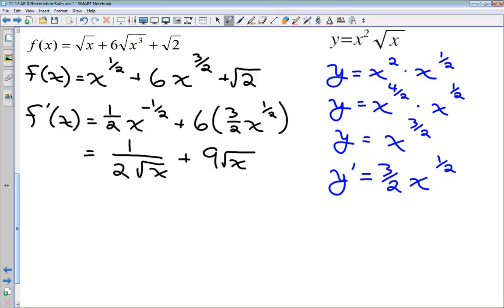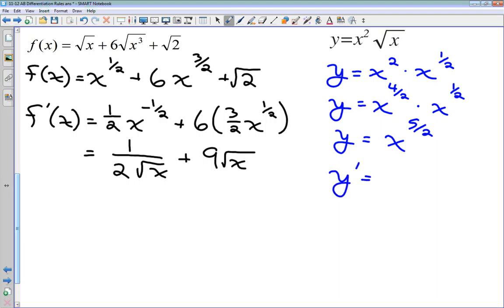Oh, I should go back. I subtracted my exponents instead of adding them. Back we go. Erase, erase, erase. Okay, so at this stage right here, x to the 4 over 2 times x to the 1 over 2. Add the exponents and we get 5 over 2. Not sure why I subtracted them.